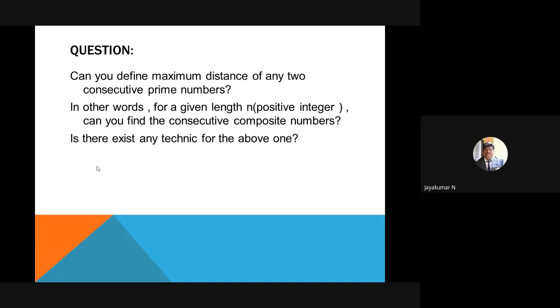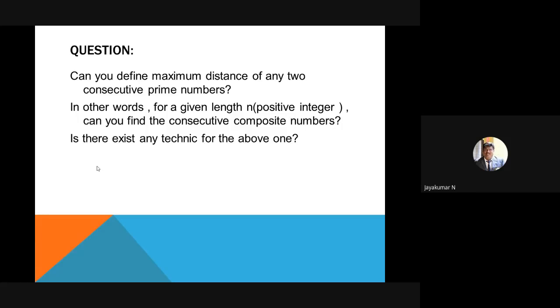So the answer for the first question is no. Obviously the second question will be satisfied: it is possible to find consecutive composite numbers whose length is any n, where n is a positive integer.